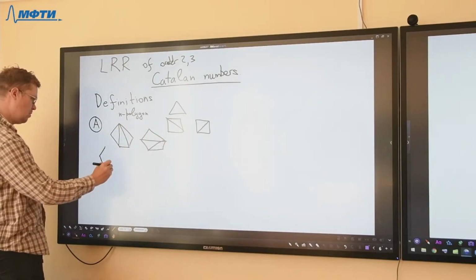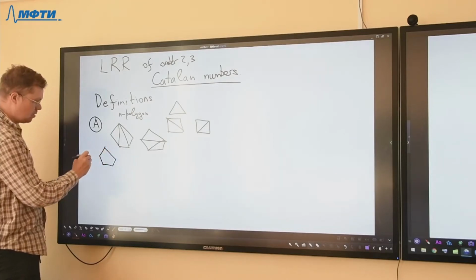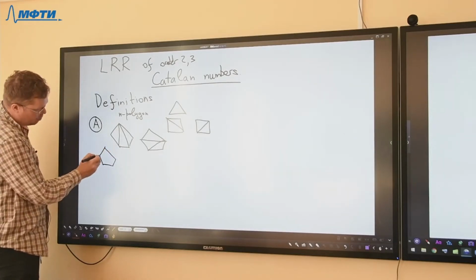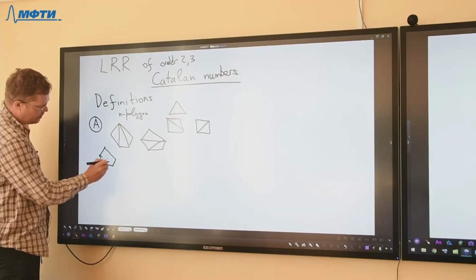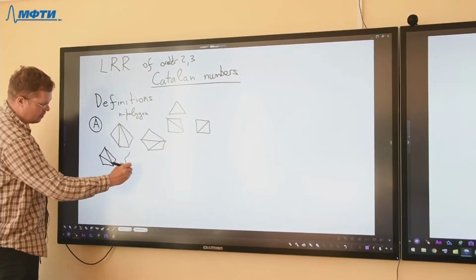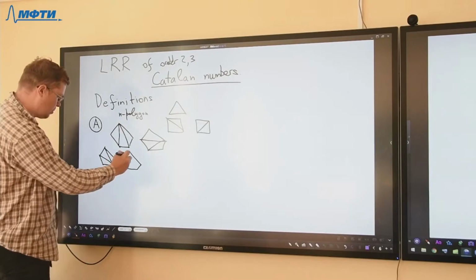And for the pentagon, I need to choose non-intersecting diagonals such that all parts will be triangles.